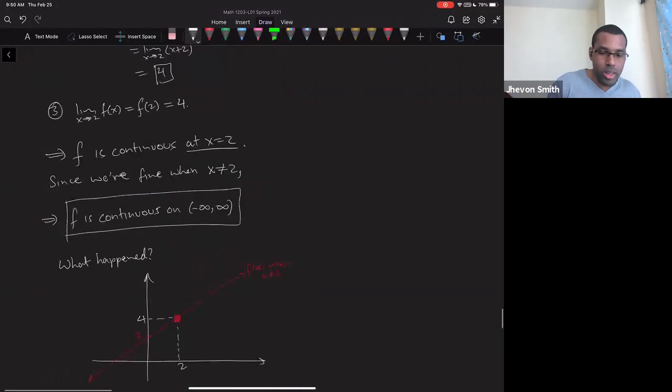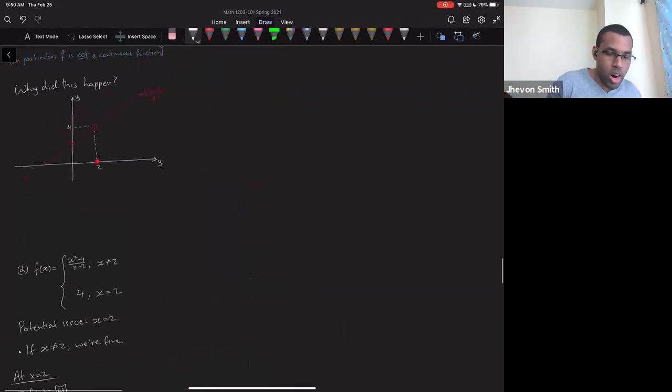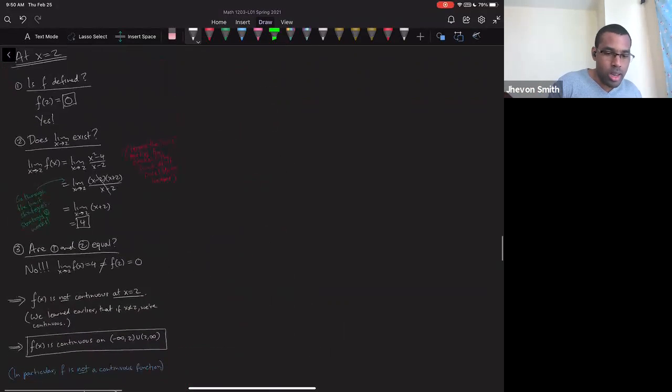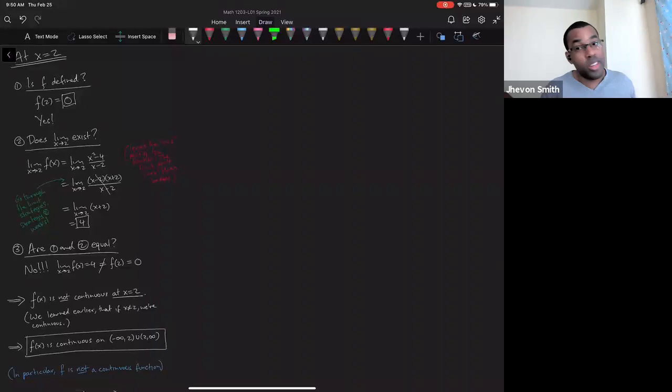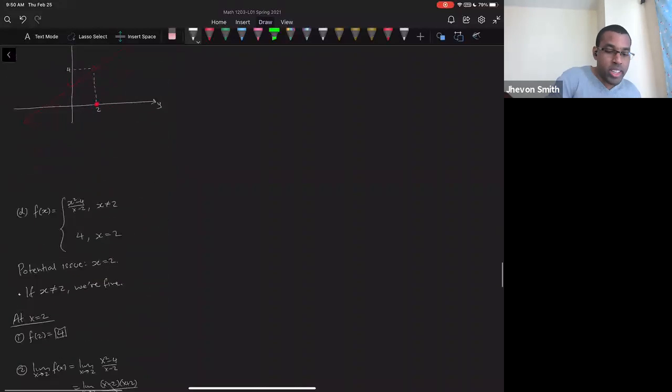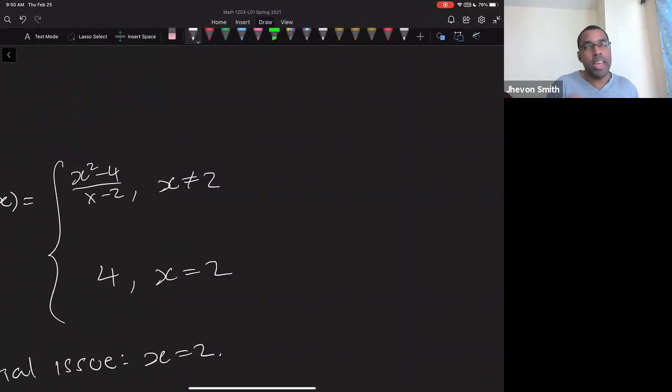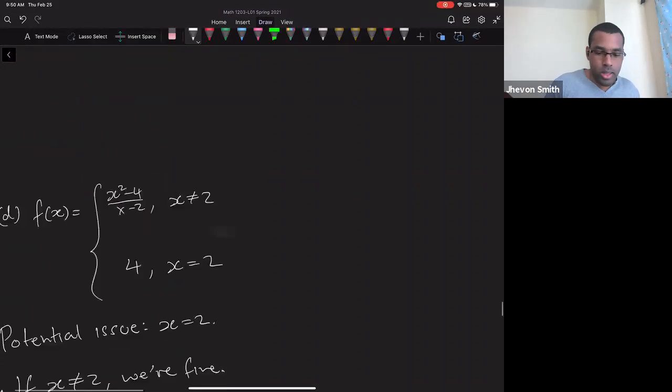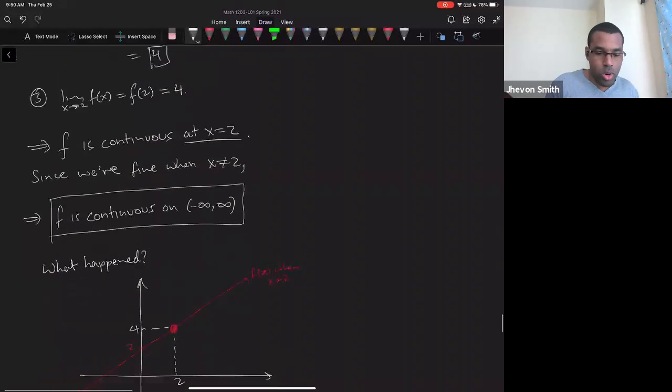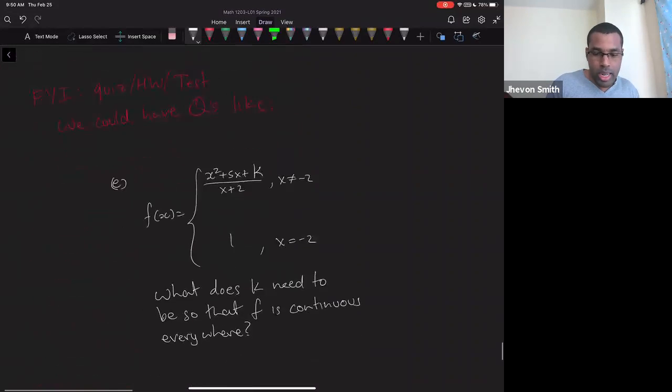So for example, I could have asked a part A of a question here, where is this function continuous? And you tell me, oh, it's continuous except at 2. And I can ask, can you redefine the function so that it is continuous at 2? And your answer would be to redefine it this way. You'll say, oh, yes, I will change the 0 that we had to a 4 instead, and that will fix everything. So things like that you would need to know, right? That's just a little bit more conceptual. That's kind of what you'll need to know.